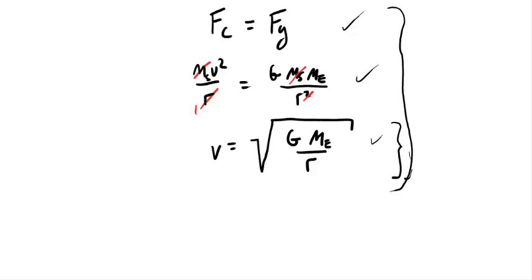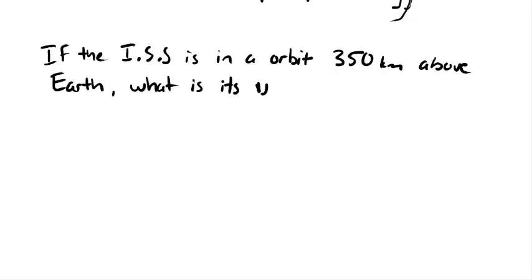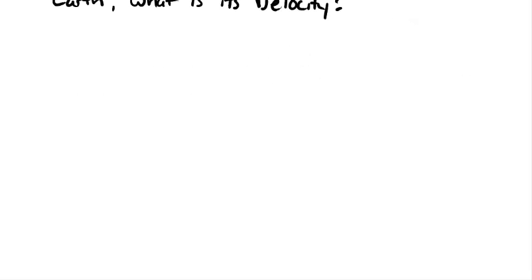So if we do an example here, we're going to start with association again. It's in an orbit, so it's in a circle, so we use centripetal force.